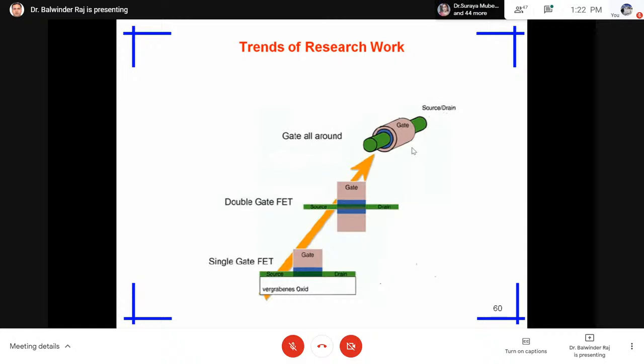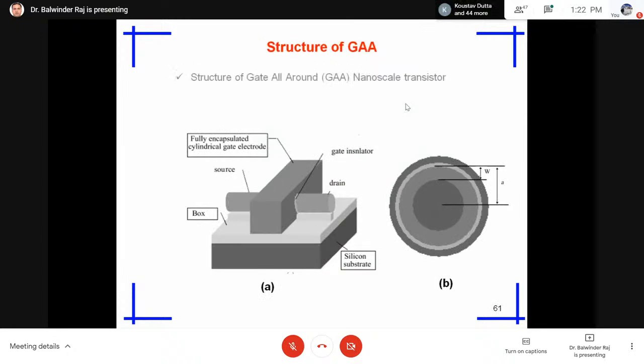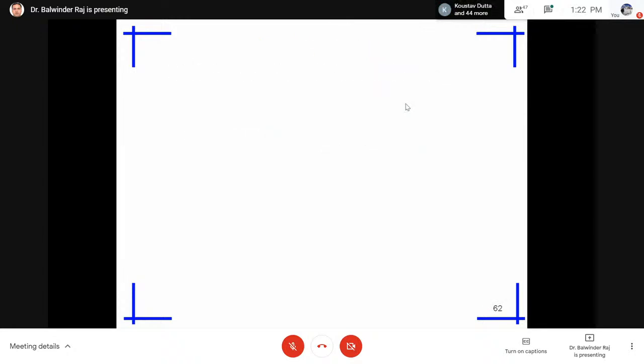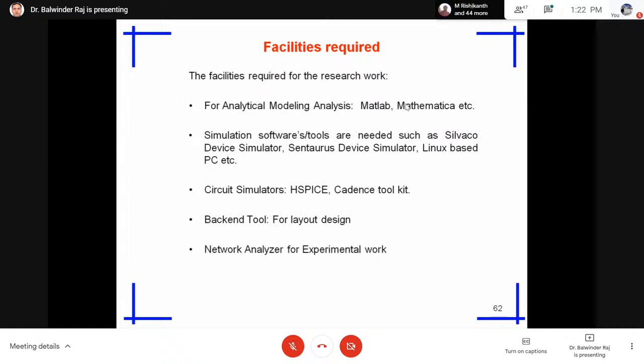Those who are working on, say, tunnel feedback transistors, these types of structures can be gate all around. Gate all around is a general term and you can modify your device to enhance the parameters. Let me see what facility is required if you want to do this type of work, analytical modeling or basic analysis.